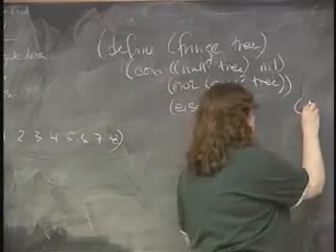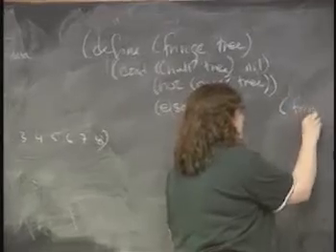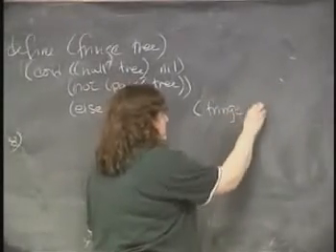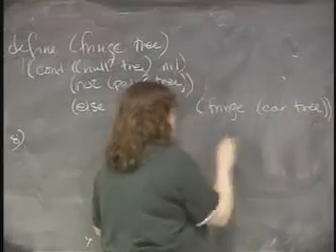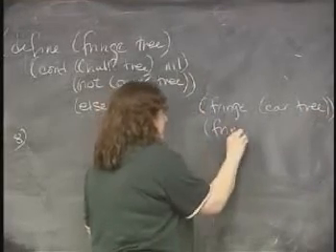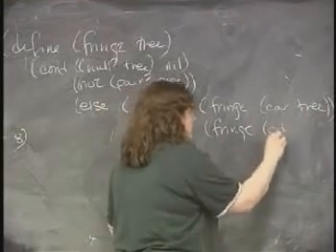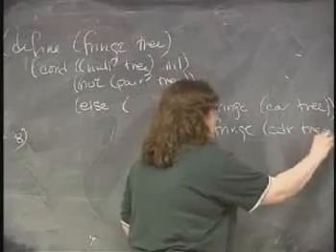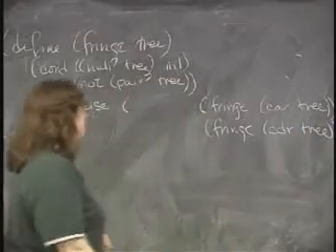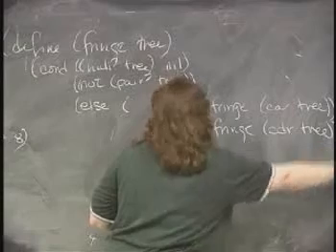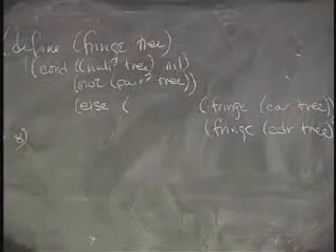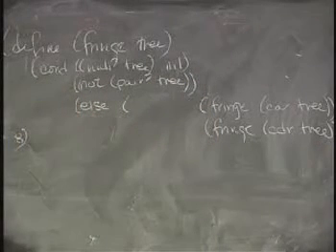The first list will be built up somehow using fringe on the car of the tree, and the second one is going to be built up on the fringe of the cdr. Okay, we got some holes.